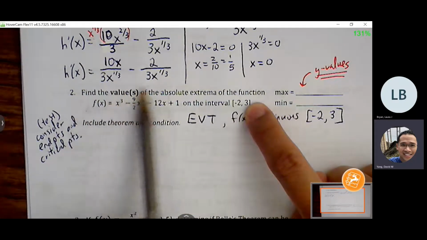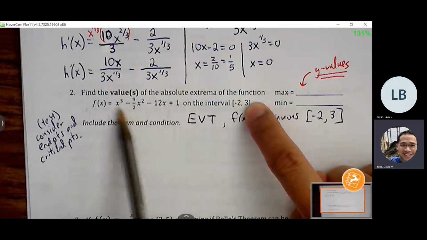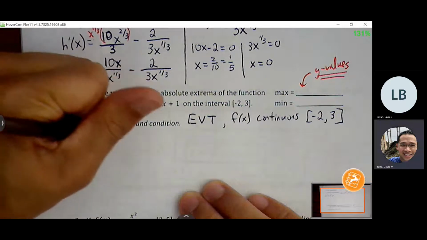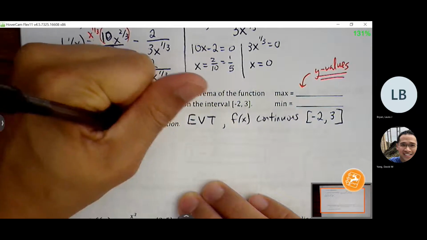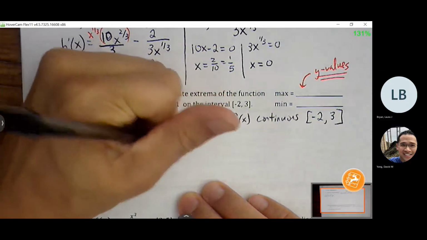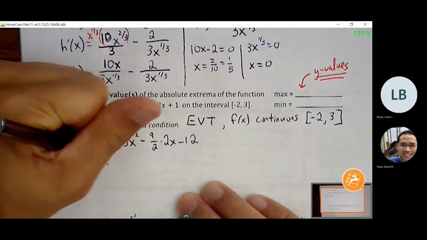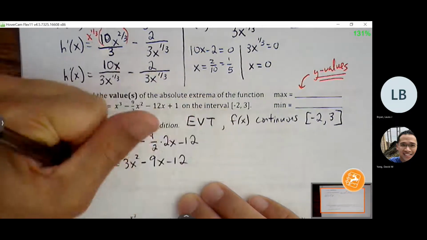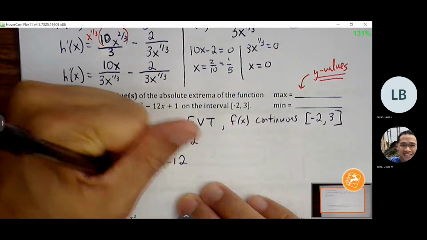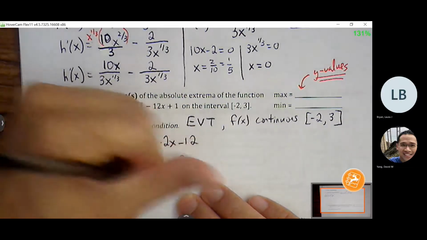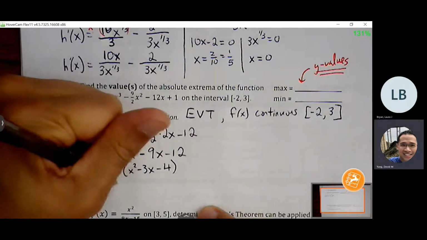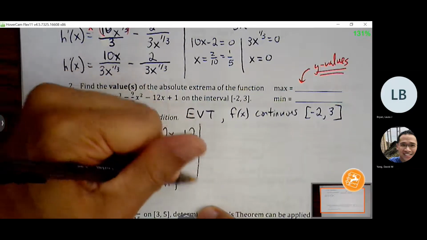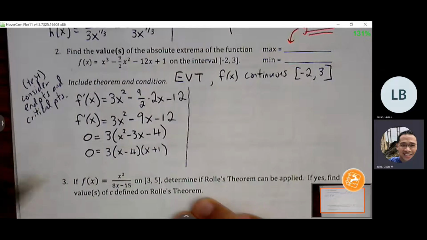We'll do that later, but we can go ahead and find our critical points by making our way down to f prime and setting f prime equal to 0. Solve for x.